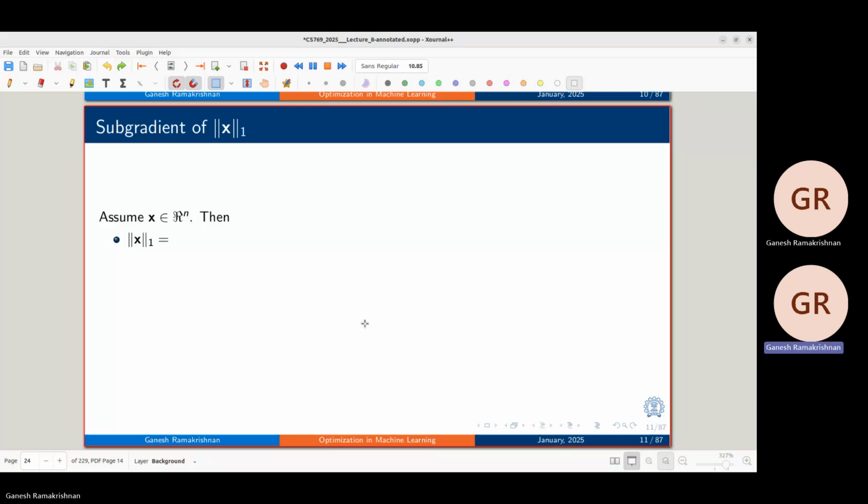It is basically a max over every s, which is a -1 plus 1 vector, of S transpose X. You see this? Max over S in the -1 plus 1 vector of size n of S transpose X.